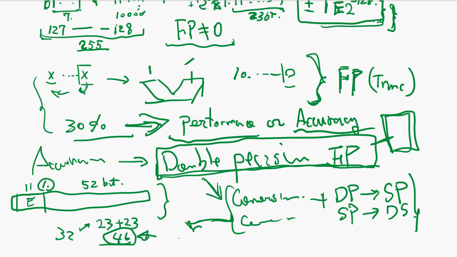Okay, so single precision multiplication already generates a 46-bit number. Then you decide to round up, round down, or round to nearest when you convert it back to a single precision result. So the instruction should be provided to convert this.